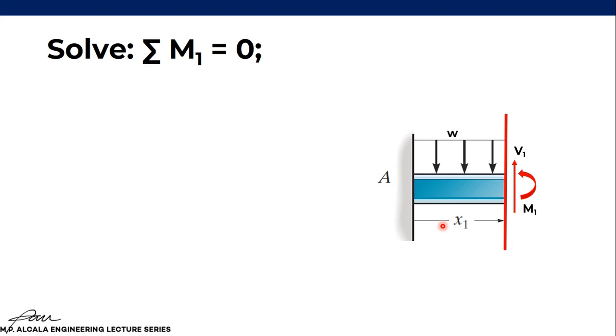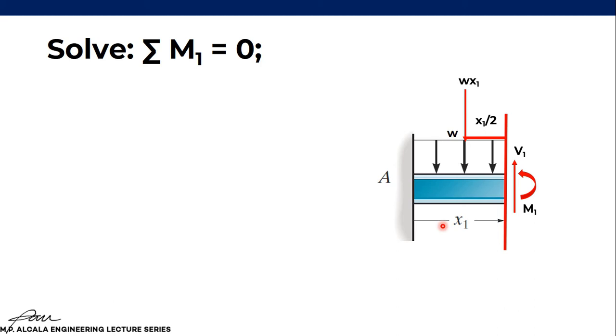Next, we have here the distributed load with the value again W, but the length had decreased because x sub 1 here is our length, not A. Previously it was A, but it was cut to x sub 1 only. Thus, our value is equivalent to W x sub 1, applied at the center, x sub 1 over 2.